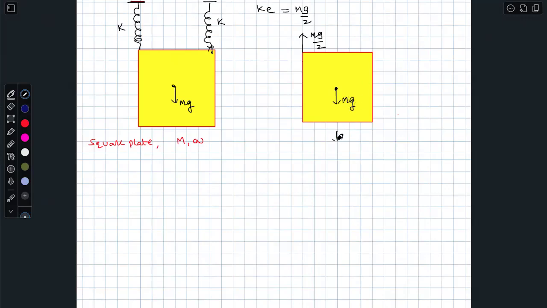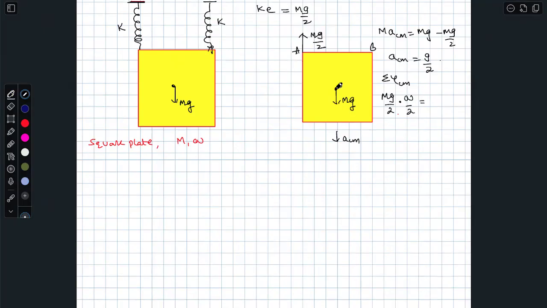Now what happens? Clearly, the force is mg. So therefore, the acceleration of the center of mass straight away in one step is mg minus mg by 2. So a_CM is g by 2. Even angular acceleration you can find. Apply the torque equation about the center of mass. Why am I applying the torque equation about the center of mass? Because this point is free. So this is nothing but mg by 2 times a by 2.